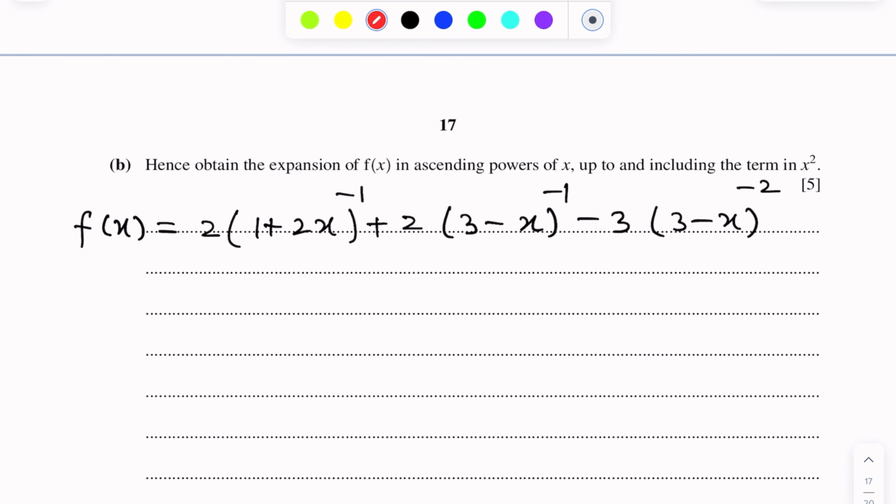Let this equation be A for reference. Now we will expand these three terms.